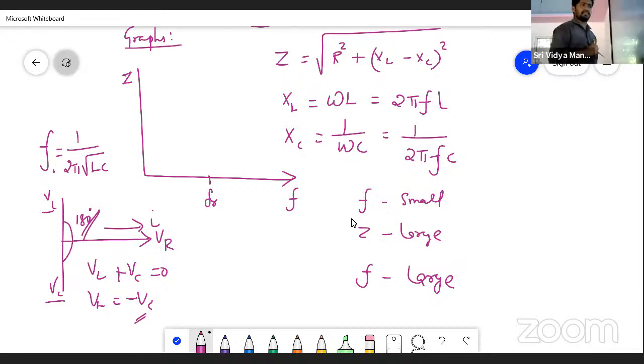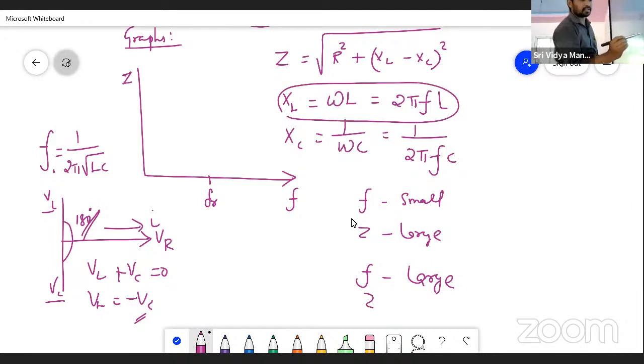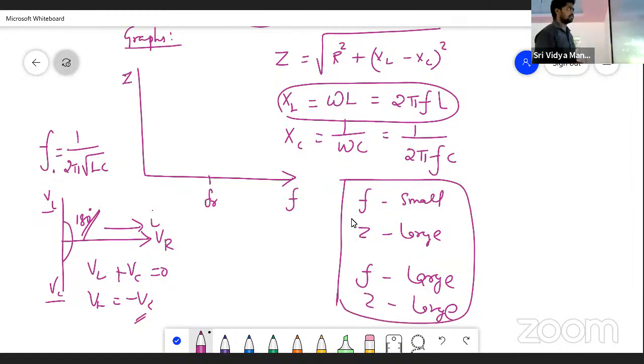Now after the resonance frequency, if the frequency increases, what happens? It acts as an inductive circuit. The impedance is also large. This is a very important condition in the NEET examination.